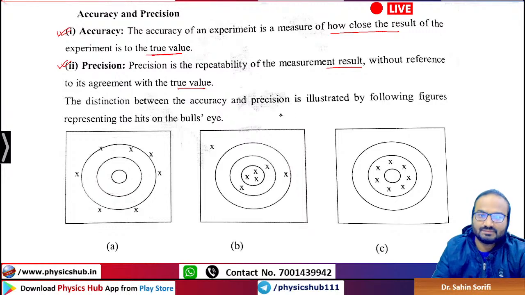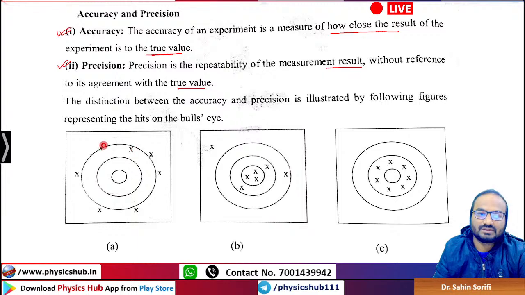Now, the distinction between accuracy and precision is illustrated by the following figure representing hits on the bull's eye. The bull's eye is the actual or true value. Three figures have been shown. In the first figure, you are getting the values at some radius.